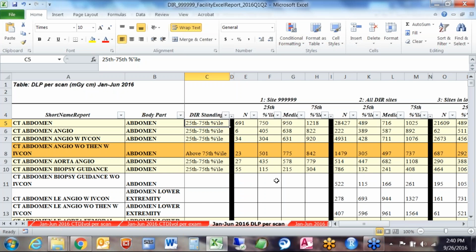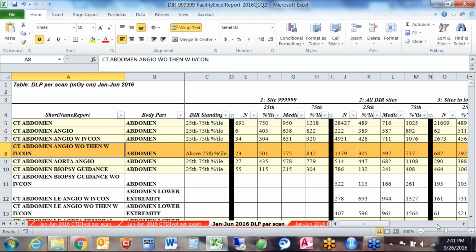So let's take one of the exams. Let's take this one, CT abdomen angio without then with IV contrast. So you can see this cell is highlighted in orange. We highlighted this cell in orange because their median for DLP is above the 75th percentile of DIR, because 775 is higher than 737, the 75th percentile of DIR.